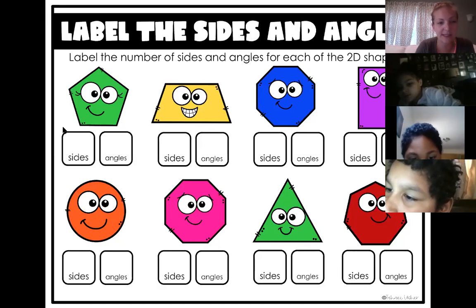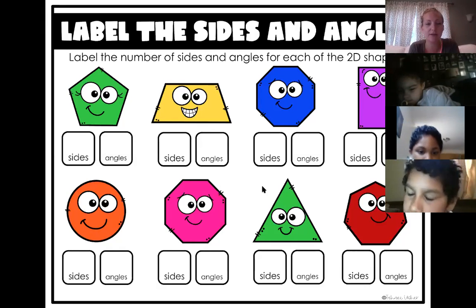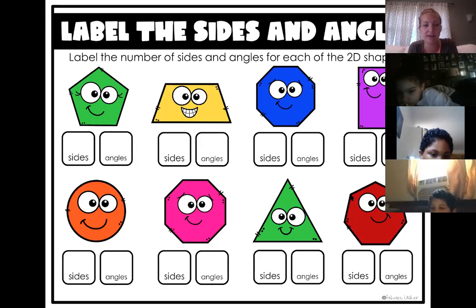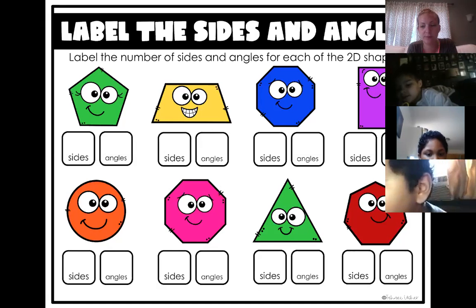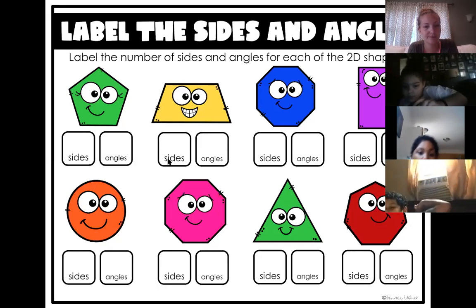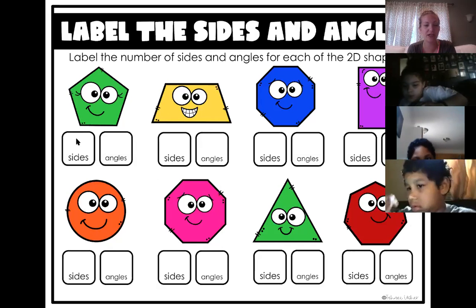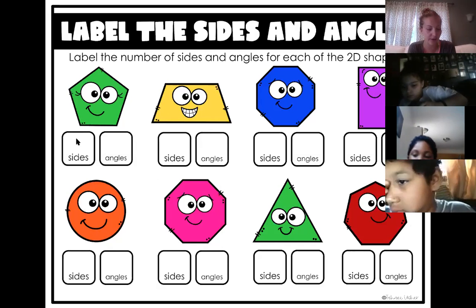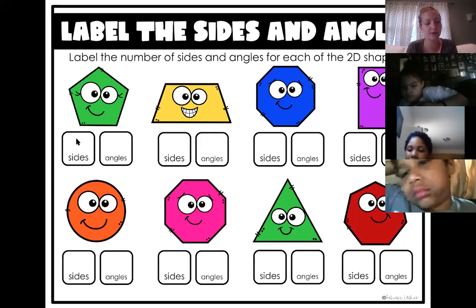John, I heard you say 7 sides. You want help counting the angles? Are you losing track? I can put my arrow. Ready? There's 1, 2. What do you see? What's your guess, Jonna? Can you show me with your fingers? Because I'm not hearing you on the mic. I don't know if you're talking, but I can't hear you.